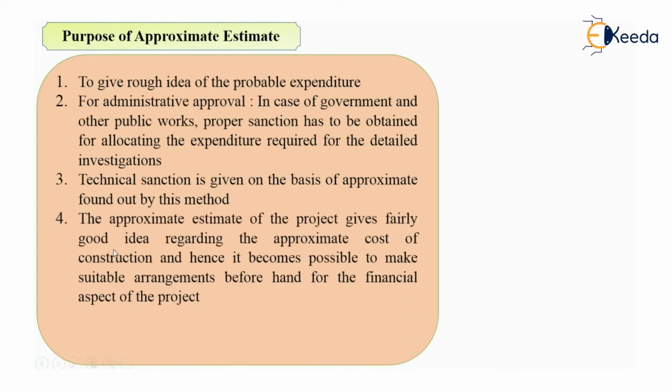Then the approximate estimate of the project gives you a fairly good idea regarding the approximate cost of construction, and hence it becomes possible to make suitable arrangements beforehand for the financial aspect. As I told you, the owner will be ready before the construction with his money, his budget, his financial aspects, by the approximate estimate.